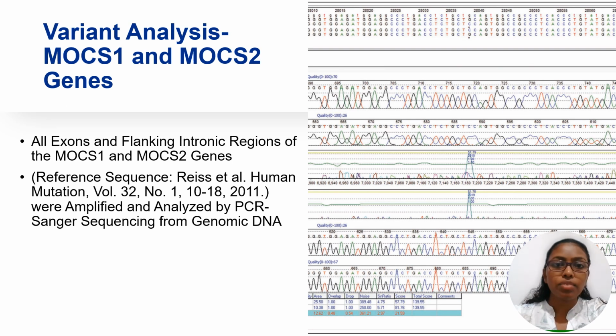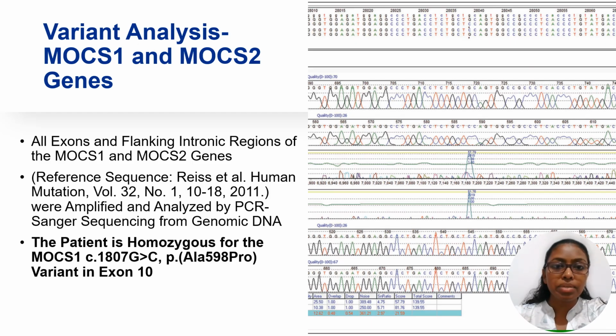Genetic testing was performed targeting all exons and flanking intronic regions of the MOCS1 and MOCS2 genes. Sanger sequencing confirmed a homozygous variant in the MOCS1 gene.